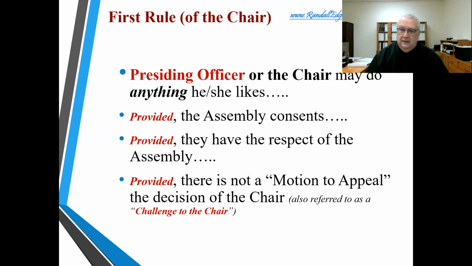And if that motion is seconded and it's accepted, then upon a favorable vote of the assembly the decision of the chair can be overturned. And the chair doesn't want that, because the chair, in essence, in the end, is operating with the respect of what we call the floor.